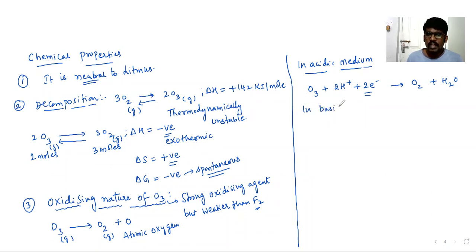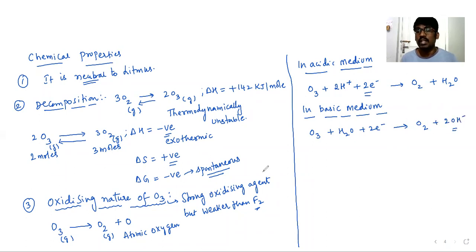Similarly, in basic medium, if you observe, O3 and H2O, by gain of 2 electrons, get converted into O2 plus 2OH minus.